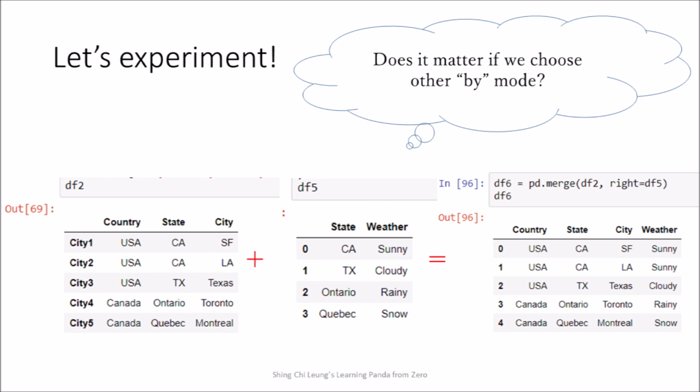I hope you may appreciate the power of this method. Certainly, there are many possibilities in this method. For example, if we choose the inner mode or the outer mode, will there be any differences in the output data frame? For practice purposes, I encourage all of you to try it on your own to explore the possibilities.